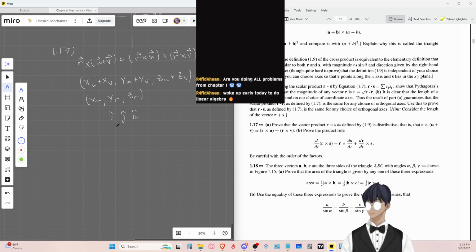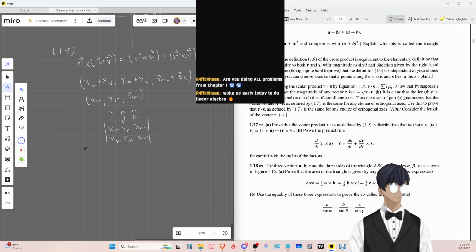So we will do r cross u, with components r, y u, and z u. So therefore, the first part will be y u times z r minus z r times y u.